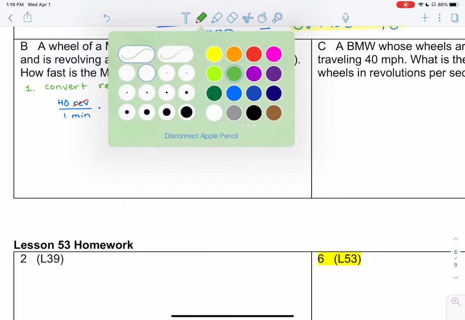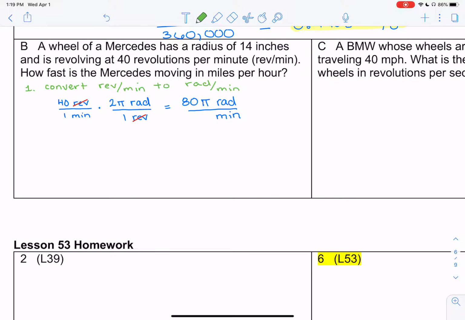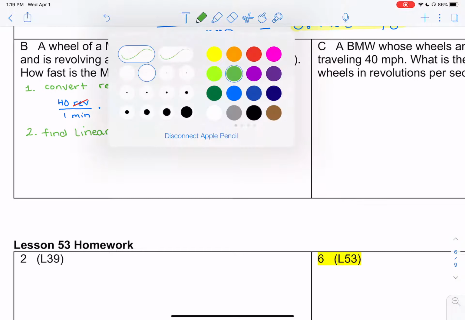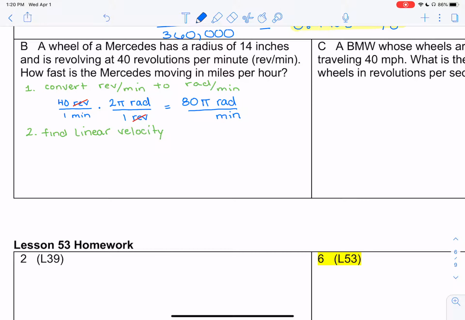All right, and then step 2 is find the linear velocity. To do that, I'm going to use the formula V equals RW. That is, the velocity is equal to the radius times the angular velocity.